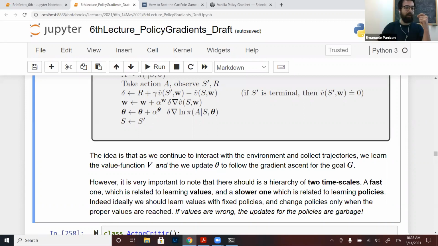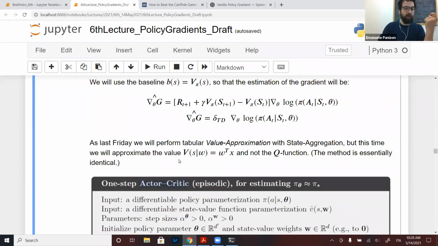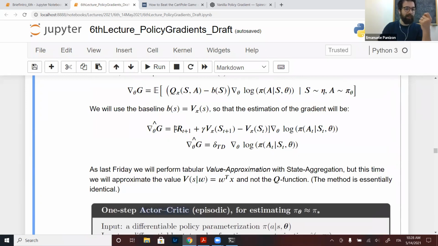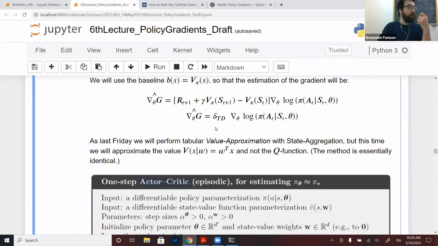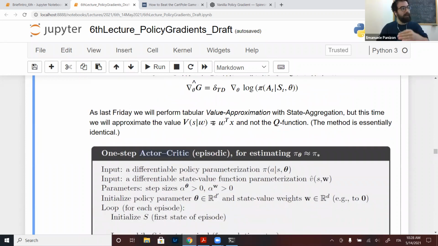Because the change in the policy, the change in parameters, relies heavily on your approximation of the value. While the policy, its effect is instantaneous. You have a policy and you have a new action and you go away. So you need to have the best value possible before changing the policy.